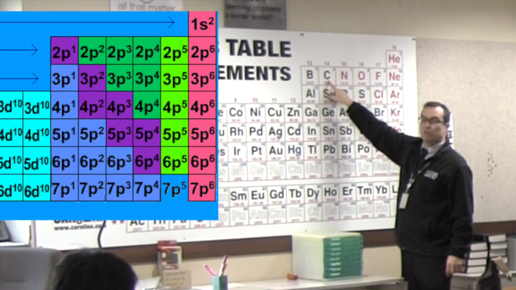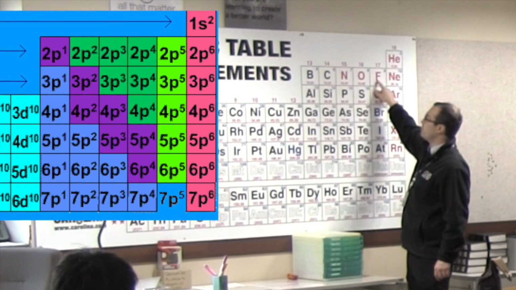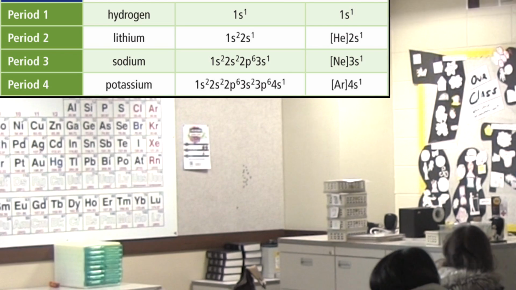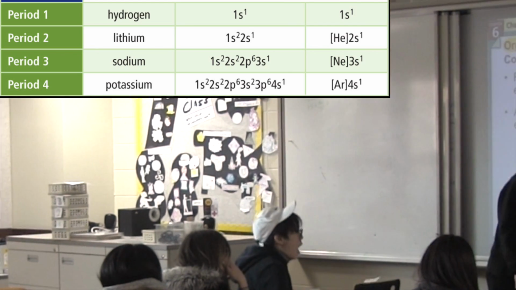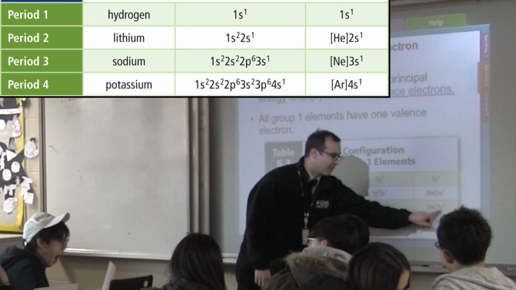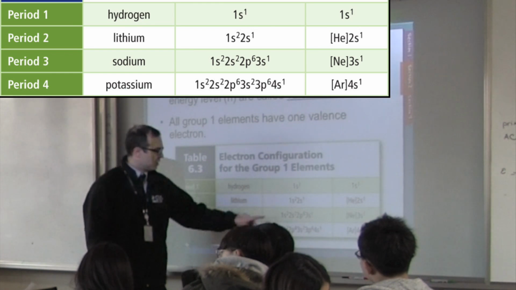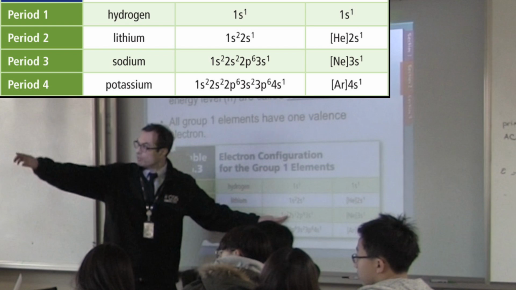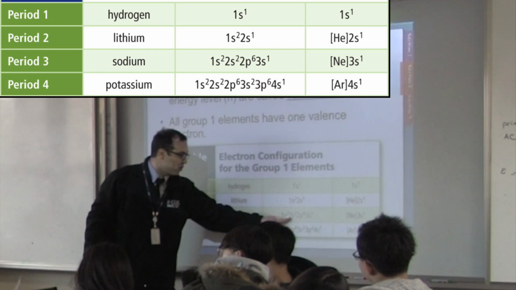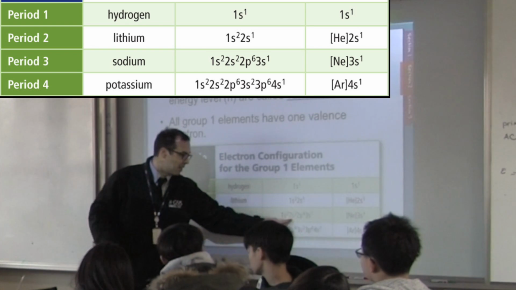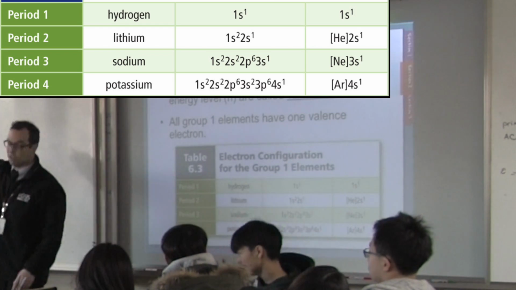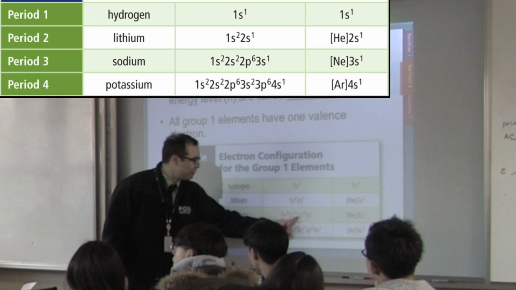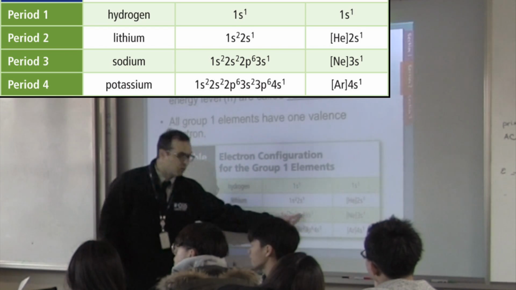And then this is 2p2, 2p3, 2p4, 2p5, and 2p6. As we go across now, let's take a look at this one, which is the neon configuration plus 3s1. So we go 1s2, which is our first period, then 2s2, which is our second period, and after the second period, we go into 2p6. We fill all the way through 2p6, which is neon.